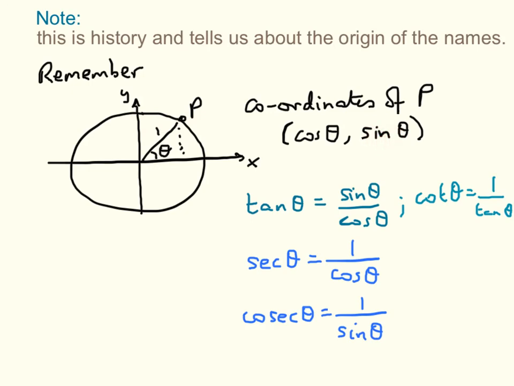I would then say that the tangent of theta is just defined as the sine over the cosine, the cotangent is the reciprocal of the tangent, 1 over the tangent. I would say that the secant is 1 over the cosine, just as my teacher said to me many years ago, and that the cosecant is 1 over the sine.